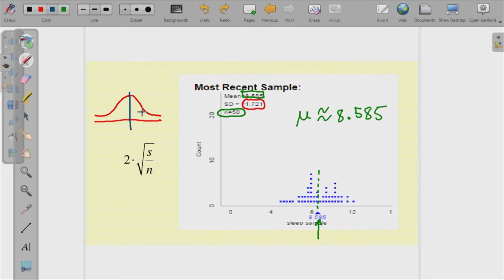But, again, we're hoping that we're normally distributed, so within 2 standard deviations, that's going to be our margin of error value. And so the standard deviation value we're going to use is the sample standard deviation, given by S, divided by the square root of the sample size, which in this case happens to be 50. So we simply do a quick computation.